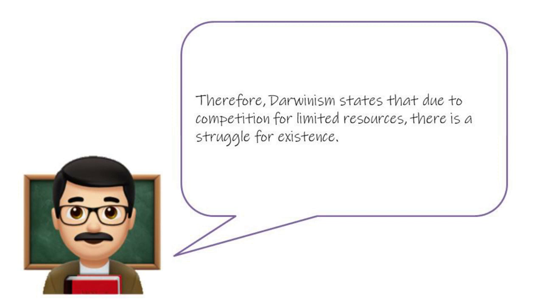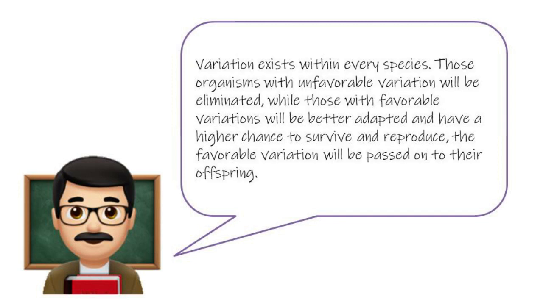Therefore, Darwinism states that due to competition for limited resources, there is a struggle for existence. Variation exists within each species. Those organisms with unfavorable variation will be eliminated, while those with favorable variations will be better adapted and have a higher chance to survive and reproduce.